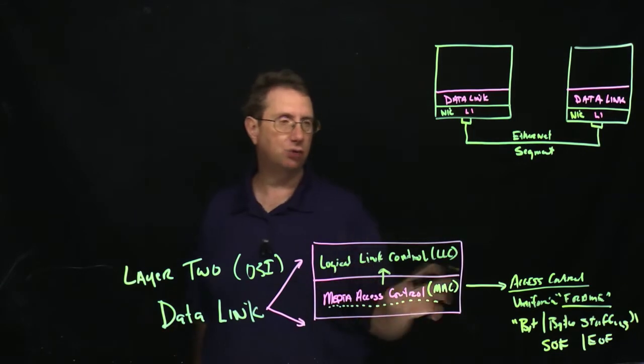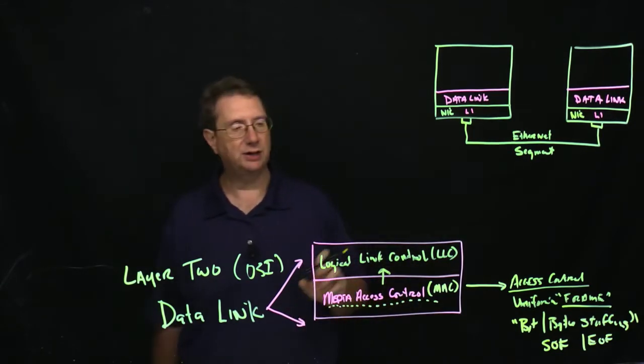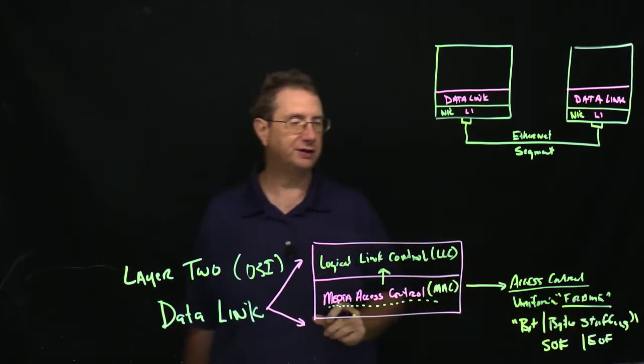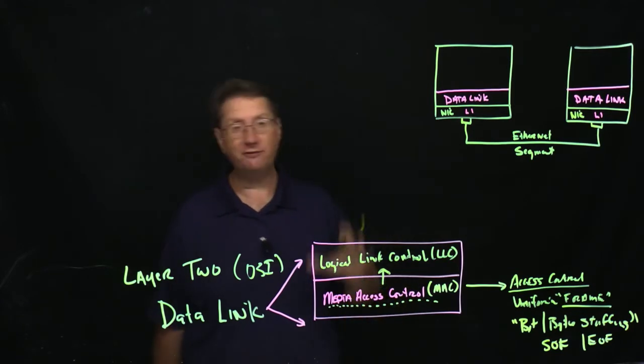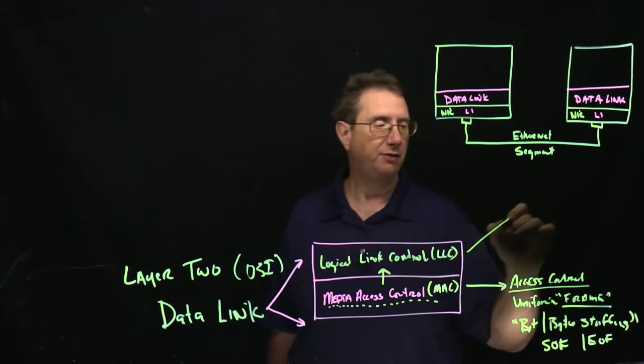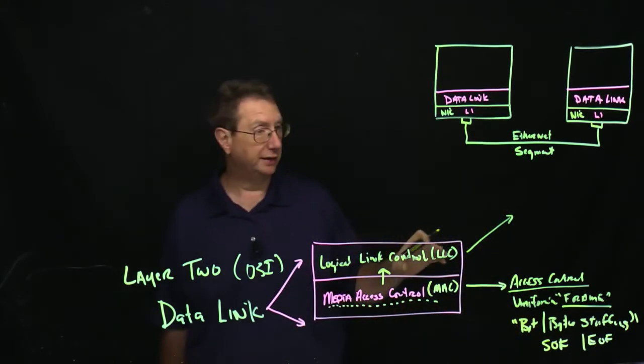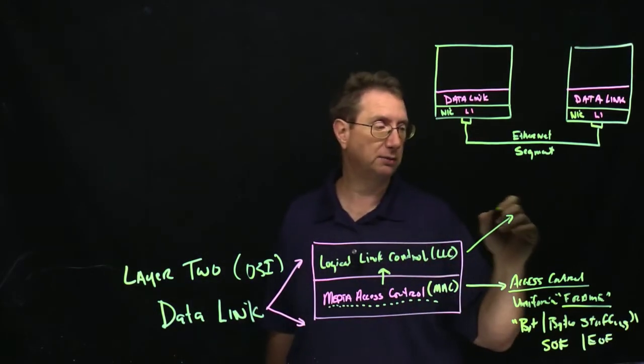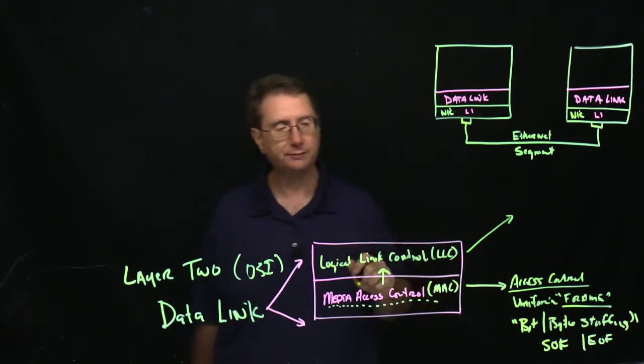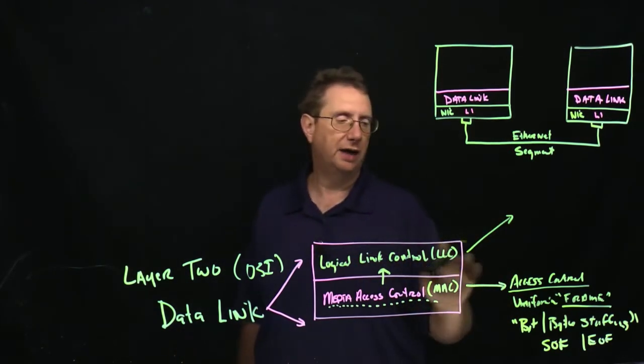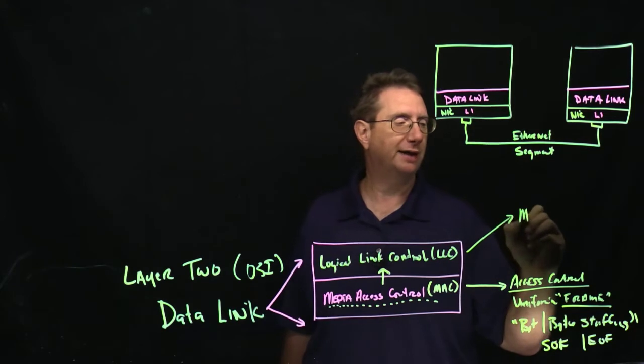The media access control layer or sublayer is, as I said, responsible for all of this. But it doesn't offer us some features that we really do need. So as an example, the logical link control mechanism is responsible for multiplexing.